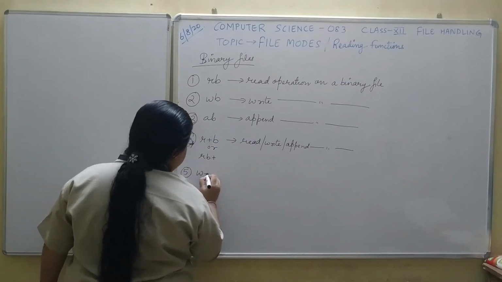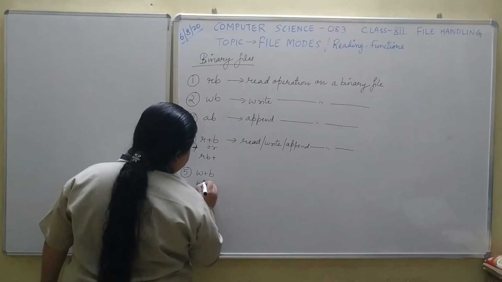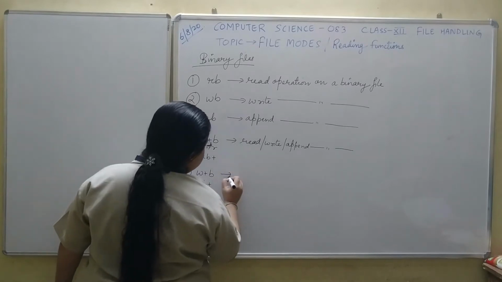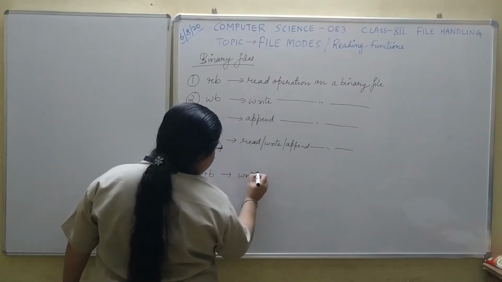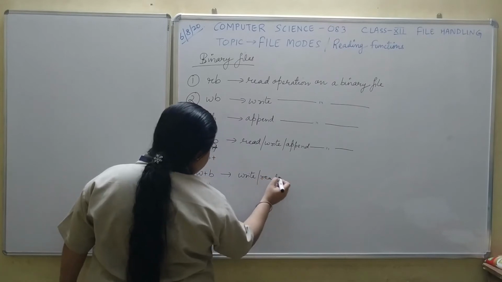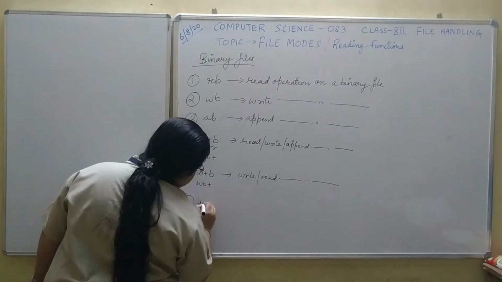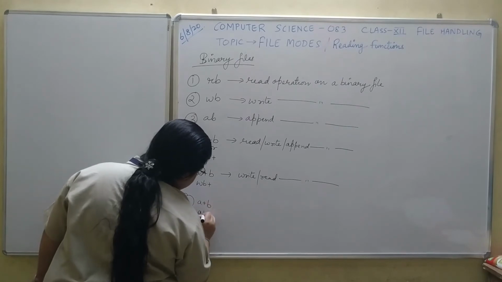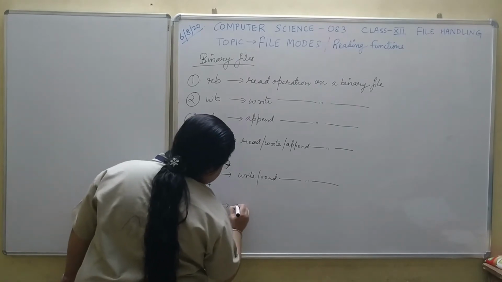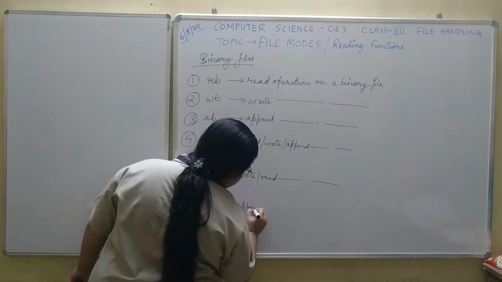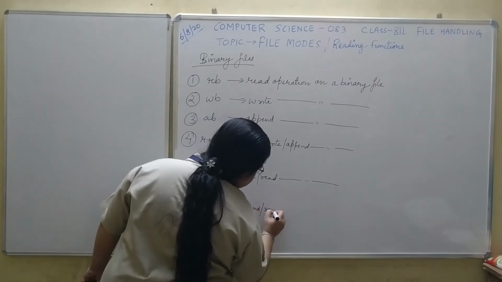Then you have W plus B or WB plus, which is write and read operation on a binary file. And you have A plus B or AB plus, which is append and read operation on a binary file.